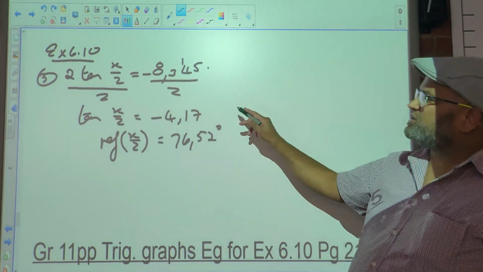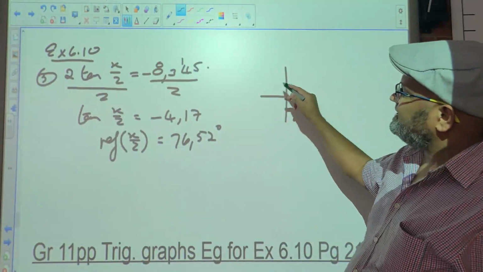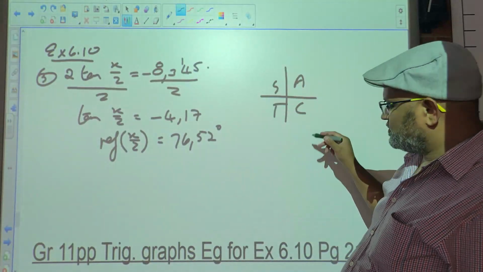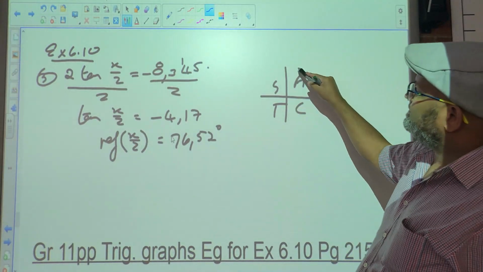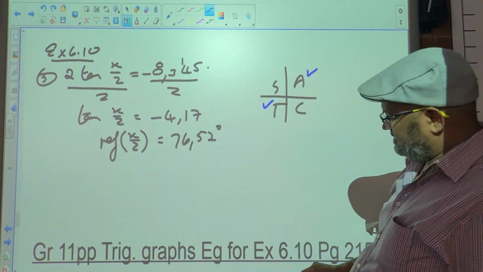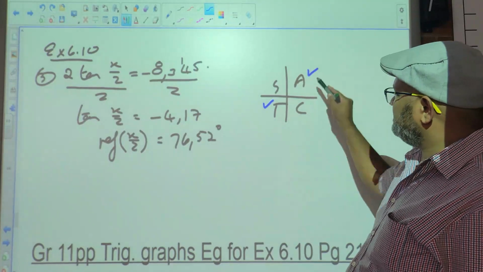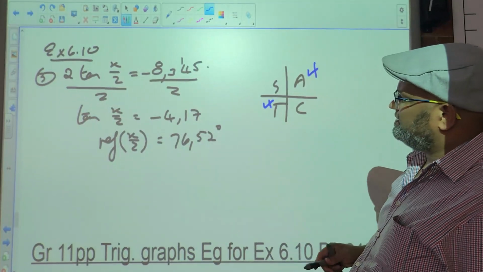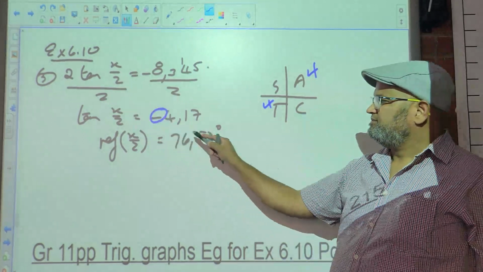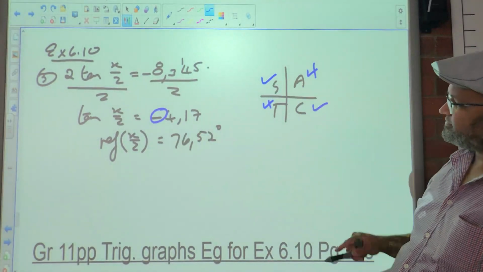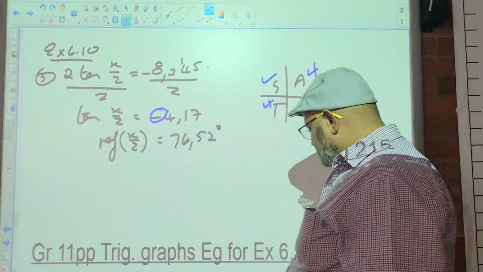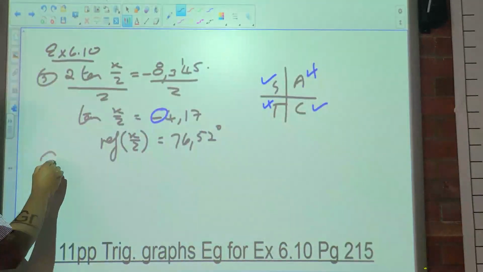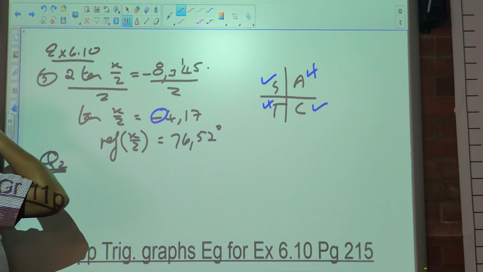No. I ask myself, in which quadrant is tan positive? Quadrant 1 and 3. It's negative here, so where is tan negative? 2 and 4. But for the tan graph, we only write one branch. So let's go with quadrant 2.